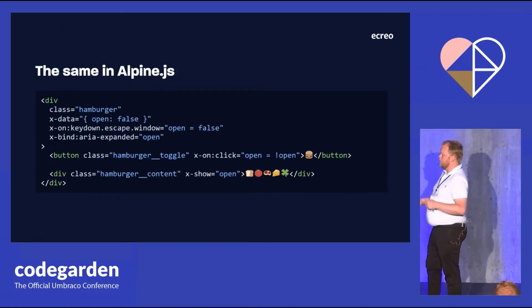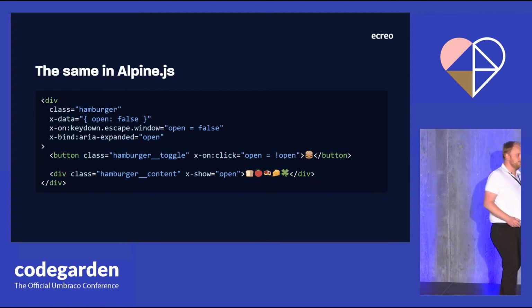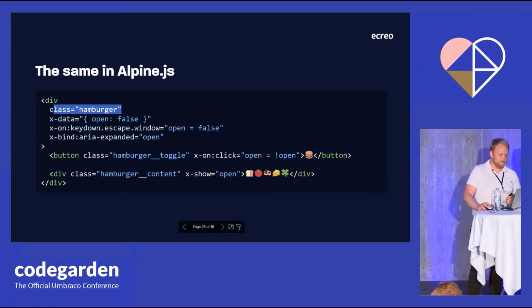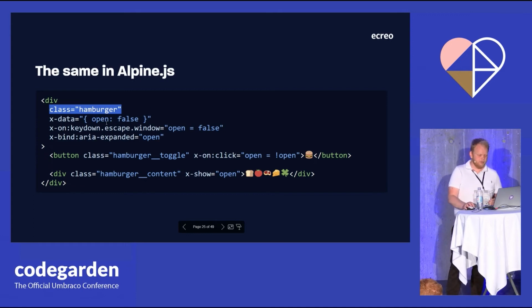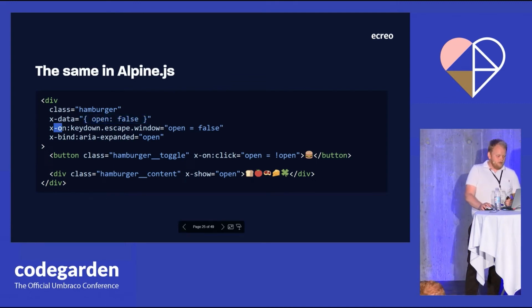We simply add 5 attributes to our markup in order to do exactly the same thing. So I've kept the classes up here so you can remember which element was which, but they're not needed for this. So we have the x-data holding our state, and are using x-on to listen for keydown events.